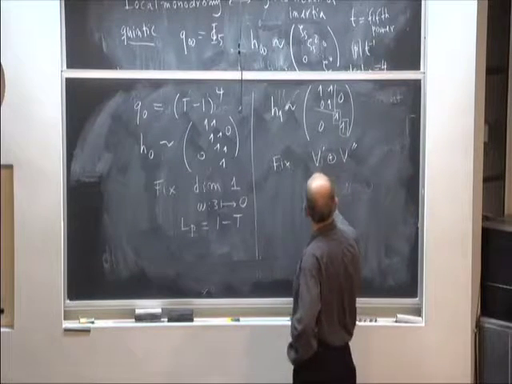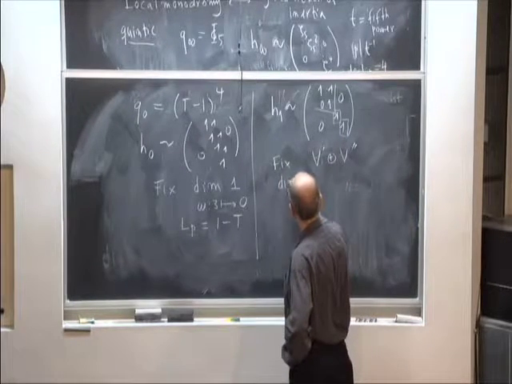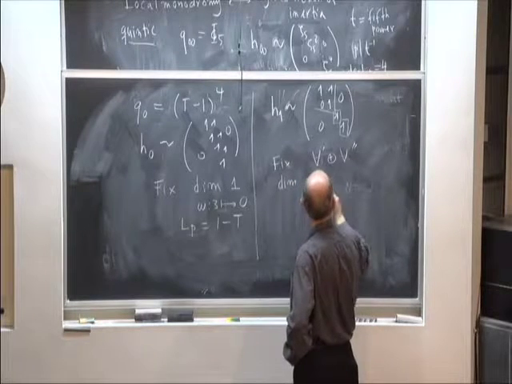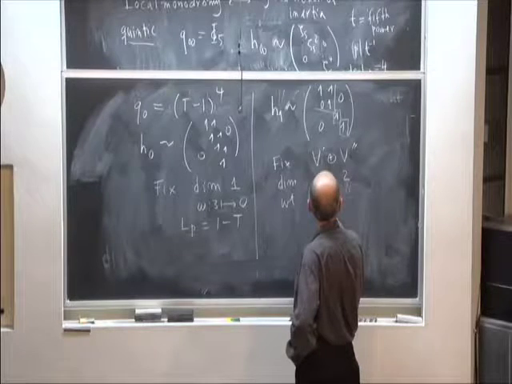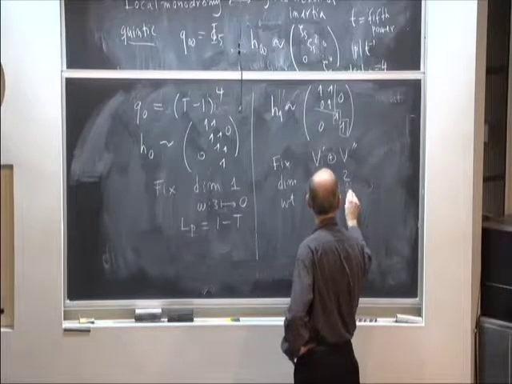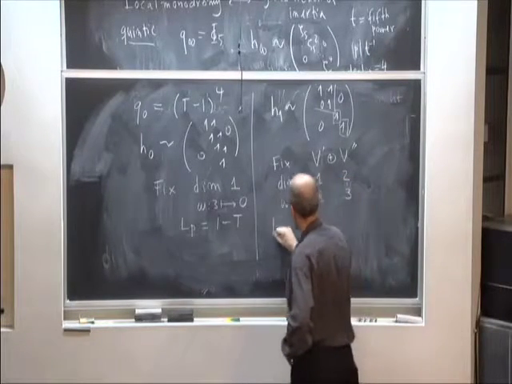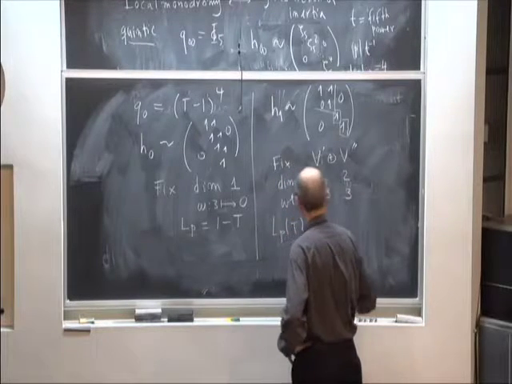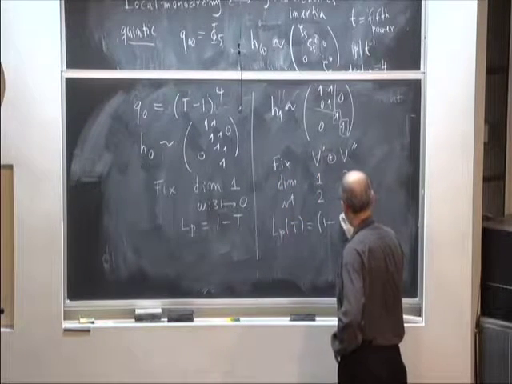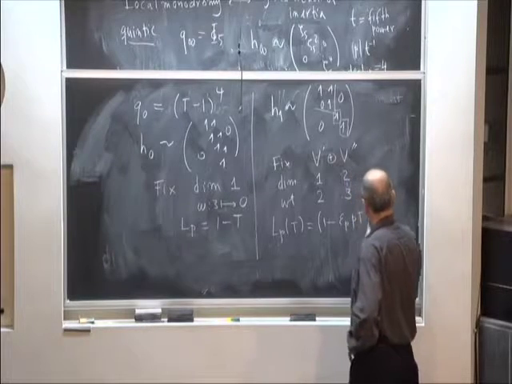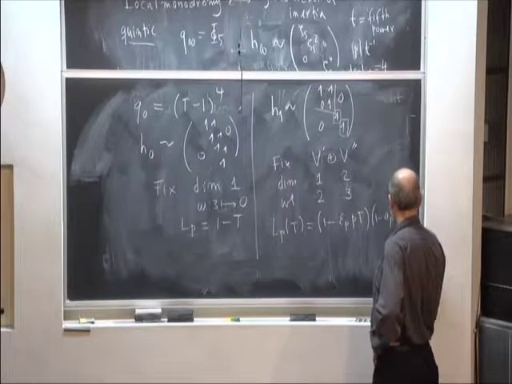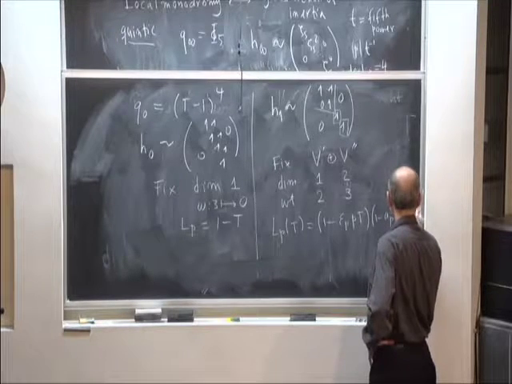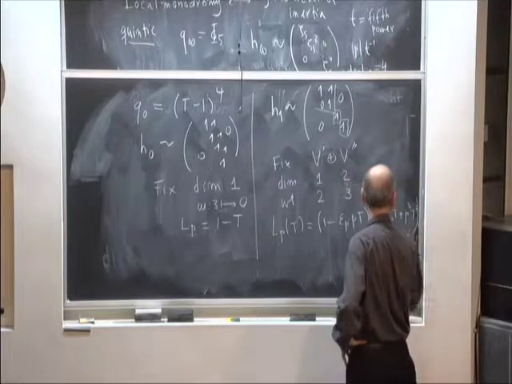So the fixed part has dimension 1 and 2 here, and the weight is reduced to 2, and this one is 3. So what it means is that the Euler factor will look like a linear factor for some character epsilon, and a degree 2 Euler factor.